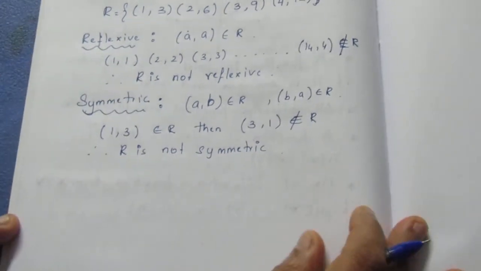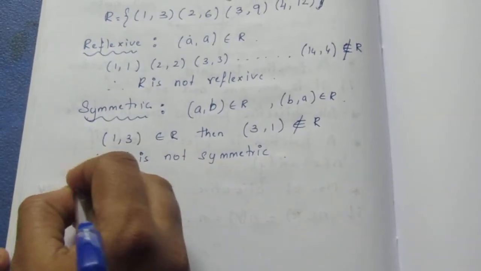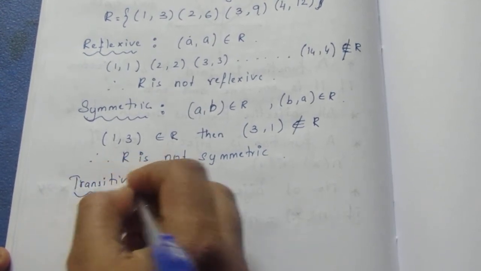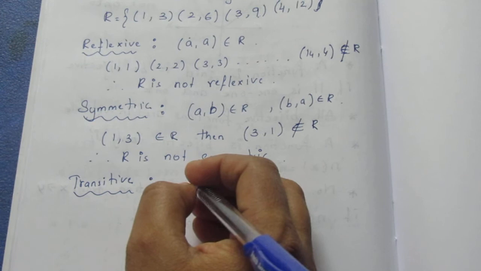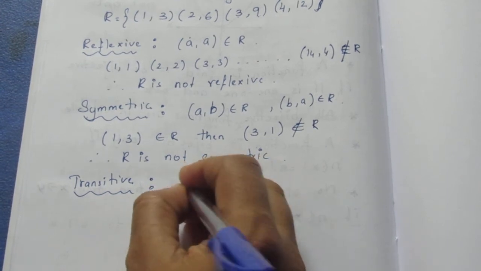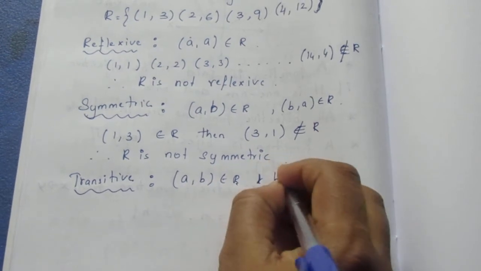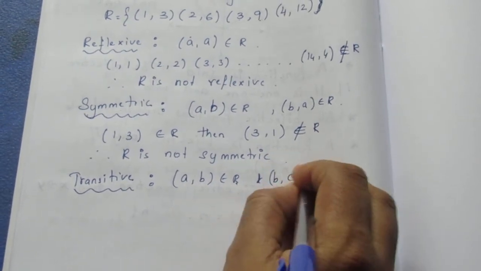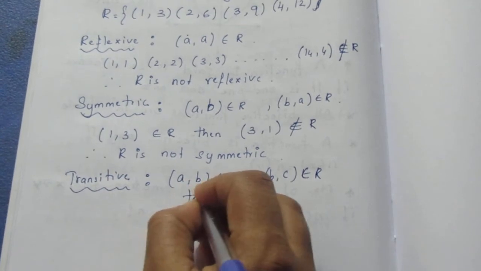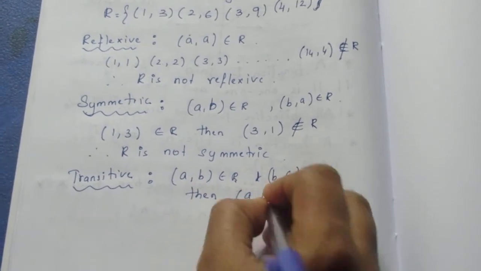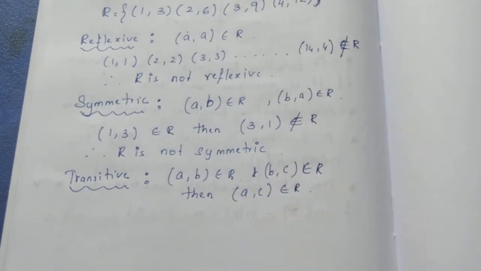Now we'll move on to the next one, transitive. For transitive, if A comma B belongs to R and B comma C belongs to R, then A comma C belongs to R. This is the condition.